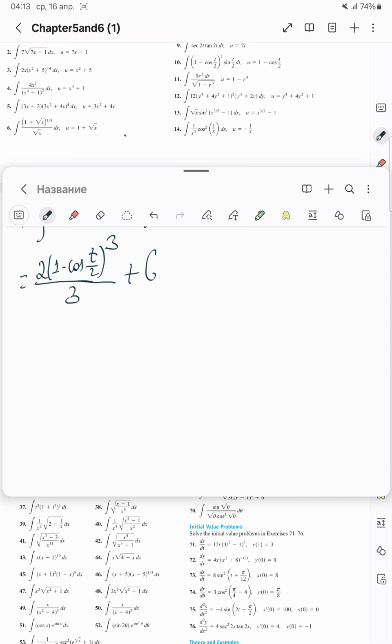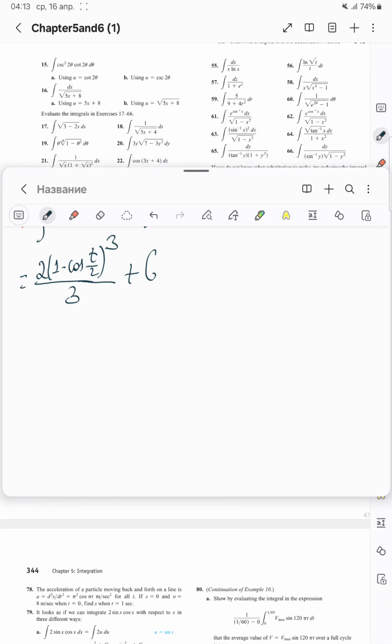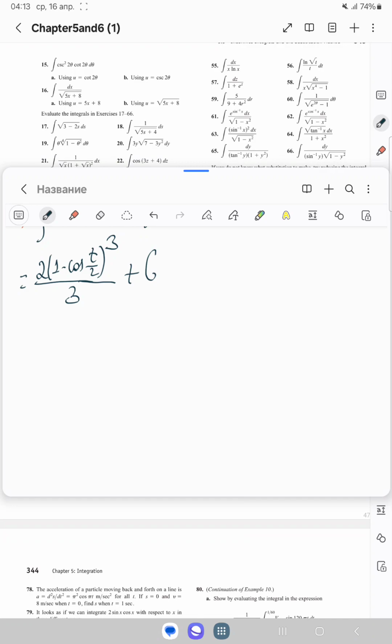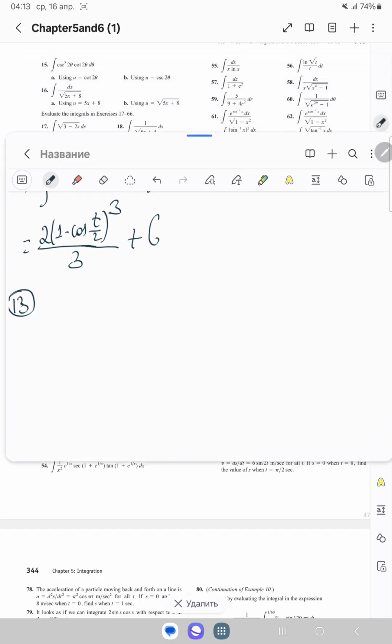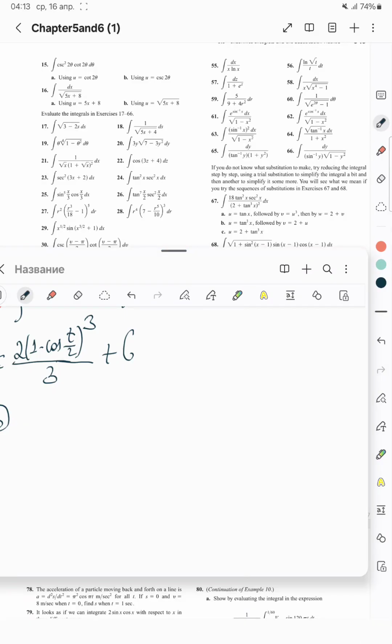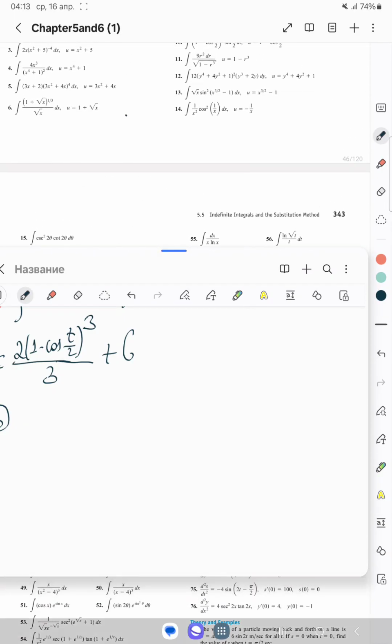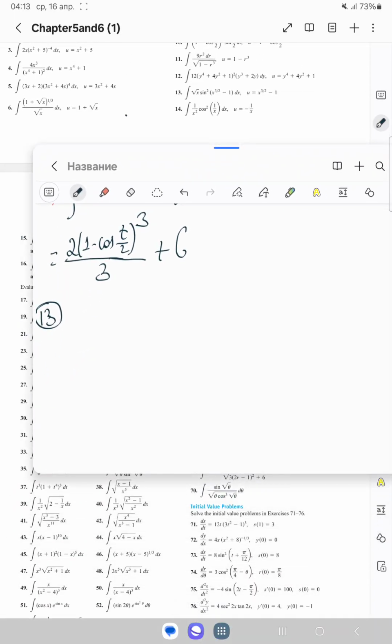For example, 13 maybe? Yes, 13. I saw another good example, by the way. I will try to do it. So 13.